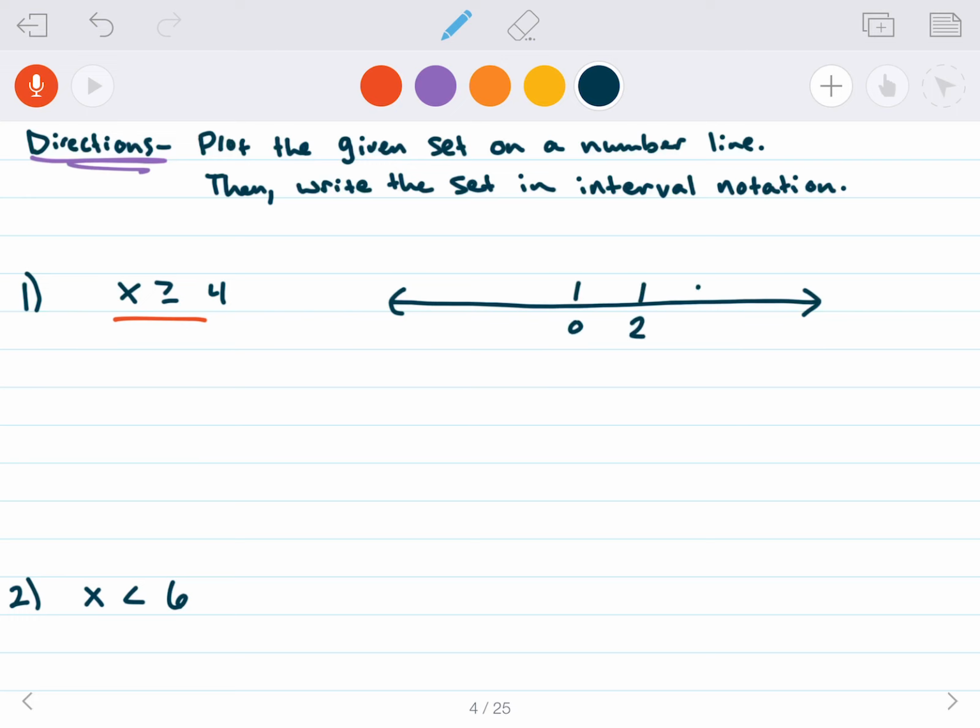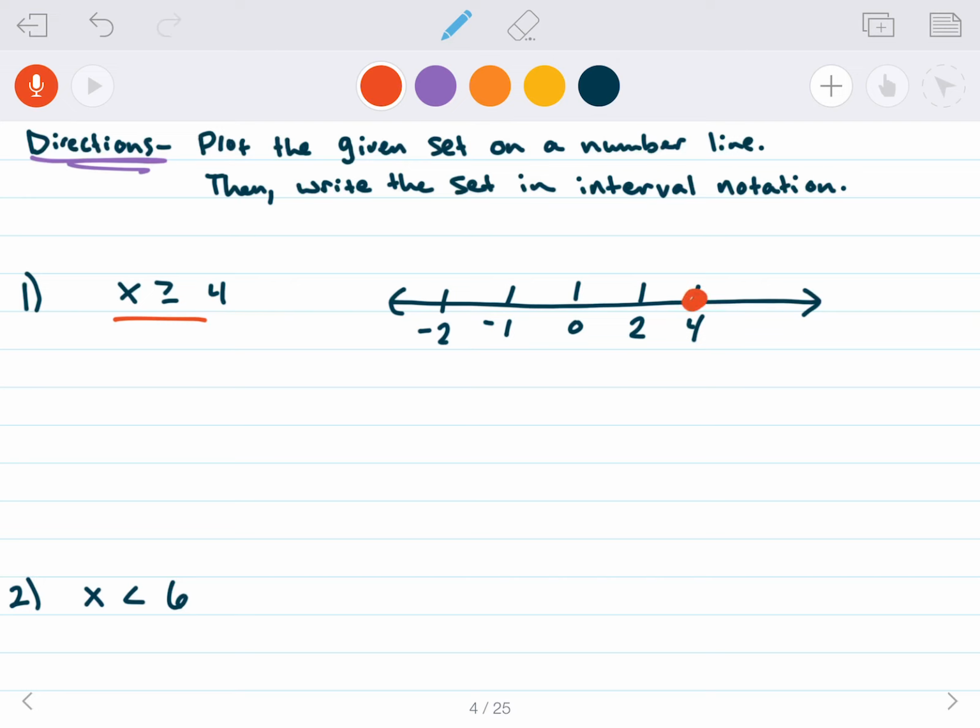If I don't have to write a lot of numbers, I don't, but I will for these. On my own, I'd probably just put 4 on the number line, but to illustrate a point, I'm going to put a closed circle because the line underneath says we include 4 in the set. We're not excluding it.